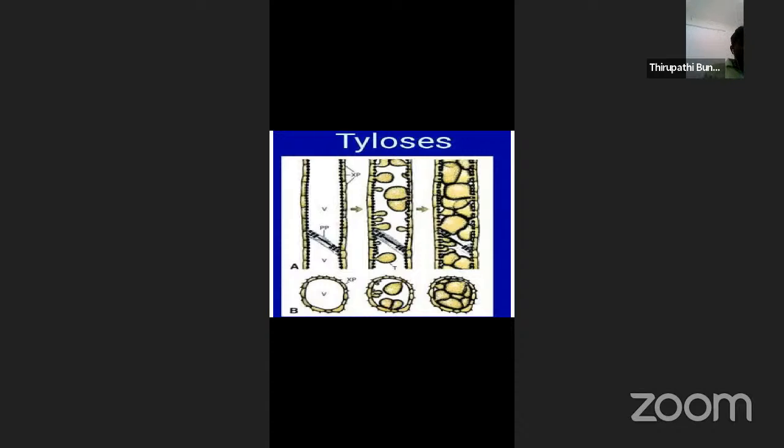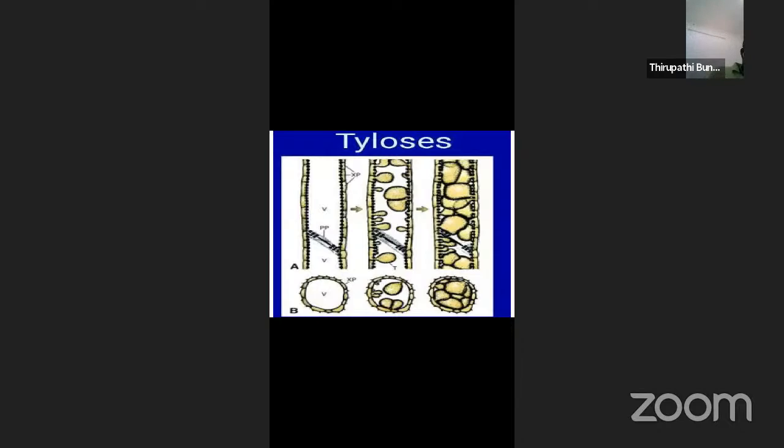That's why there is loss of the power of conduction, because tylosis formed and filled with resins, tannins, and other substances.